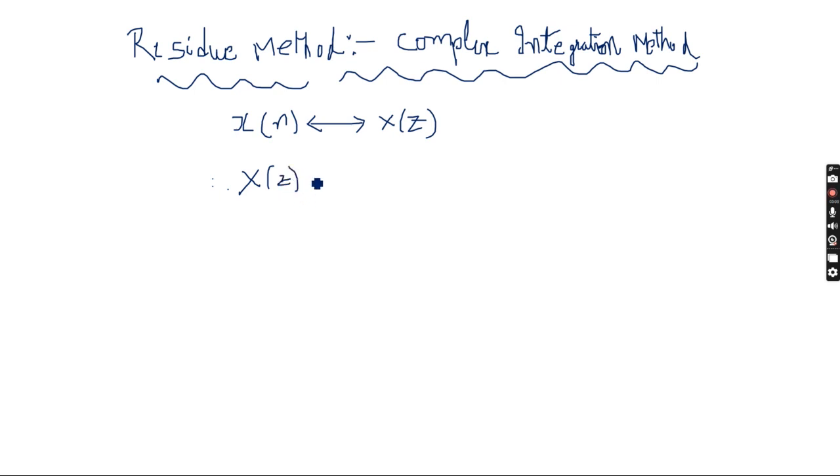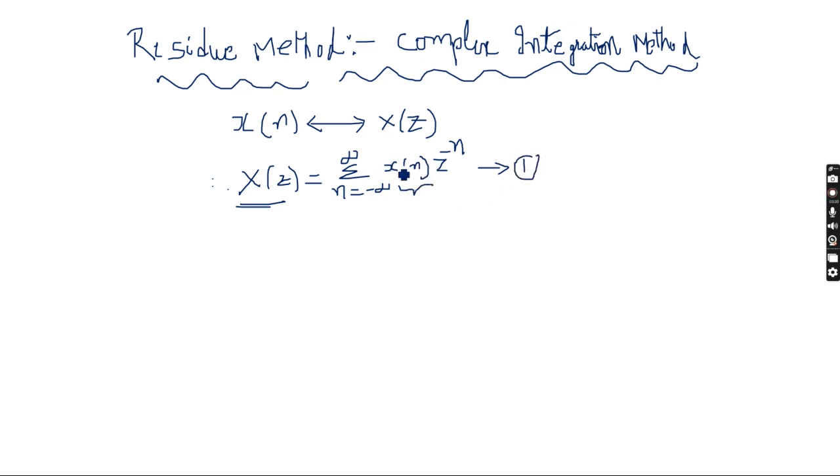X of z is equal to summation n equal to minus infinity to infinity x of n z to the power of minus n. So this is the z transform. When x of n is given, then you can find out the X of z using equation 1.